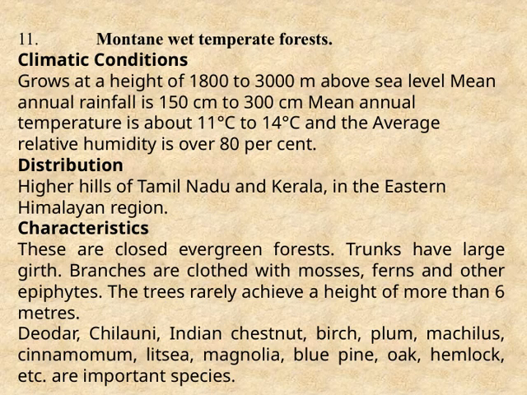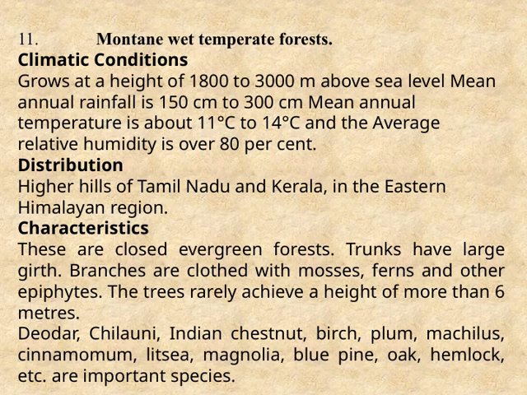Additionally, the relative humidity is consistently high, often exceeding 80%, creating ideal conditions for the growth of mosses and epiphytes. Geographically, you'll find these forests primarily on the higher hills of Tamil Nadu and Kerala, as well as in the eastern Himalayan region. These areas provide the perfect altitude and climate for these unique ecosystems.